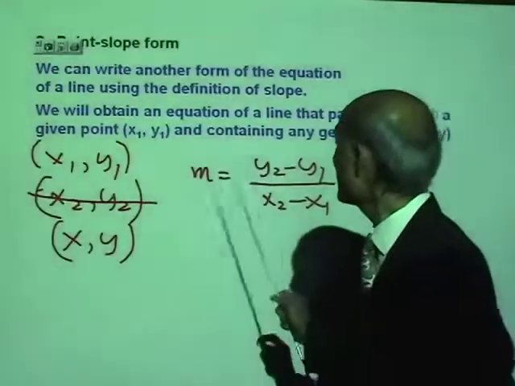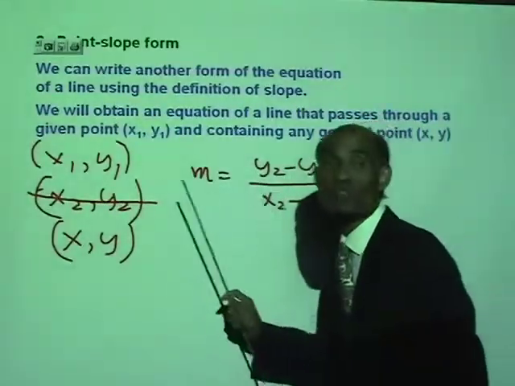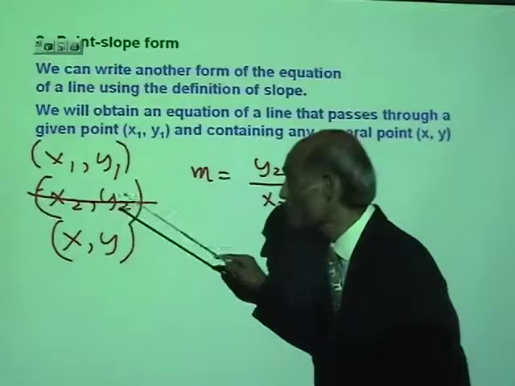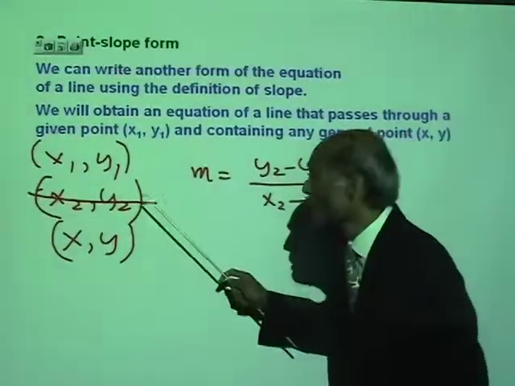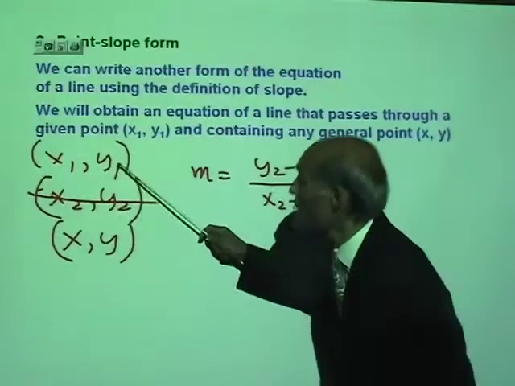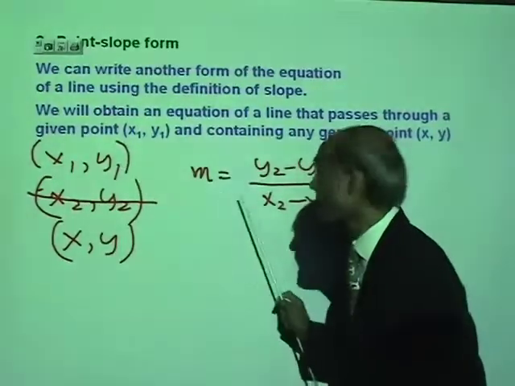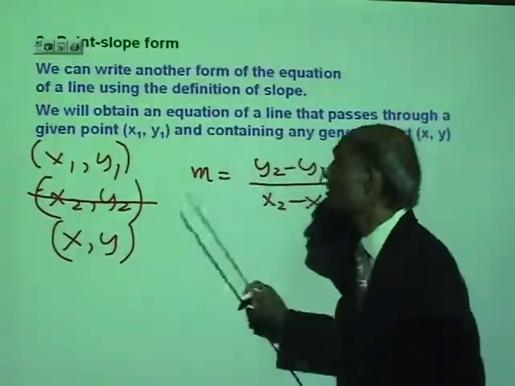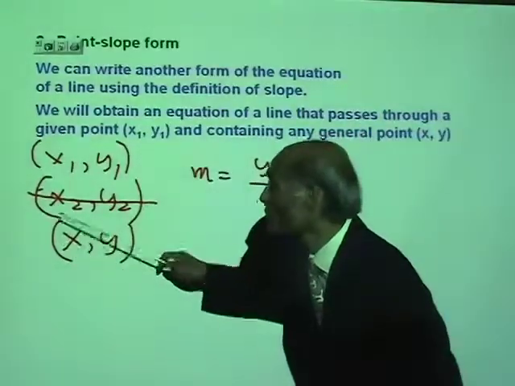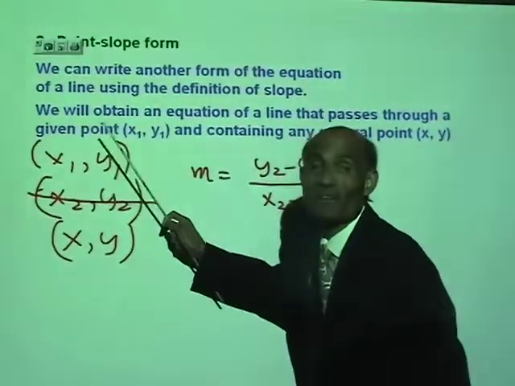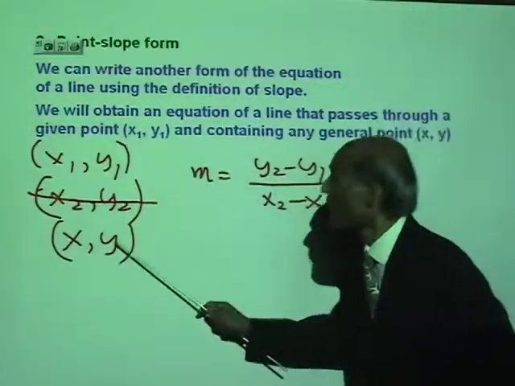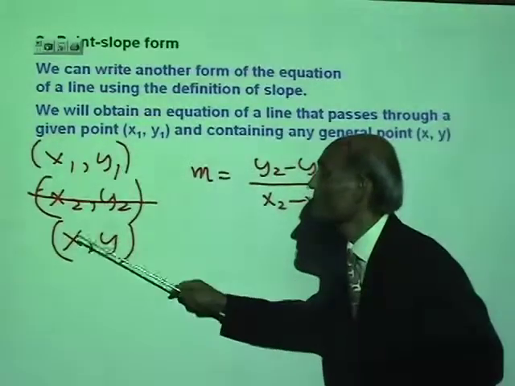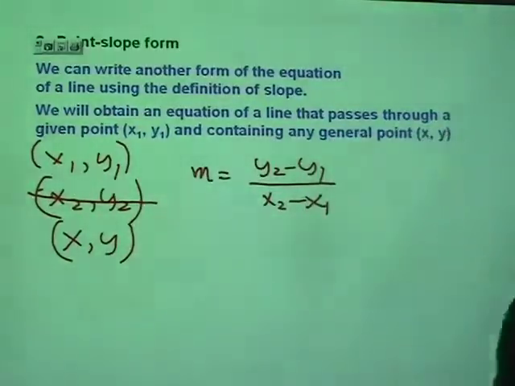Now, what will be the difference in the equation for the slope? In place of y2 minus y1, we will have y minus y1. And in place of x2 minus x1, we will have x minus x1. So I can now write the slope equal to (y minus y1) divided by (x minus x1).